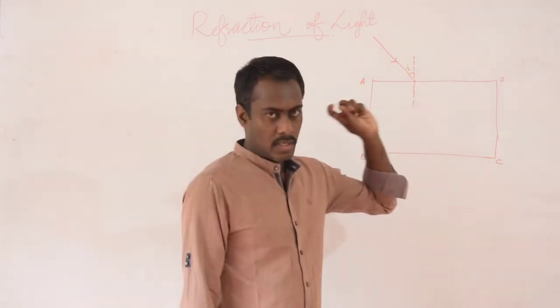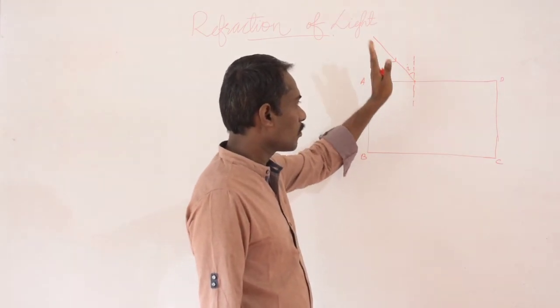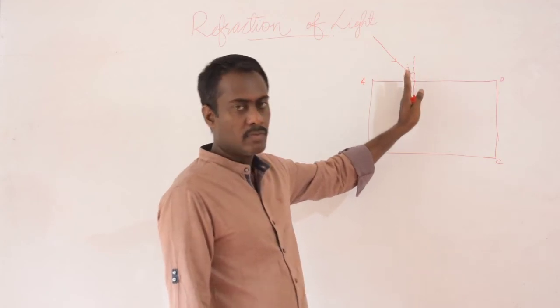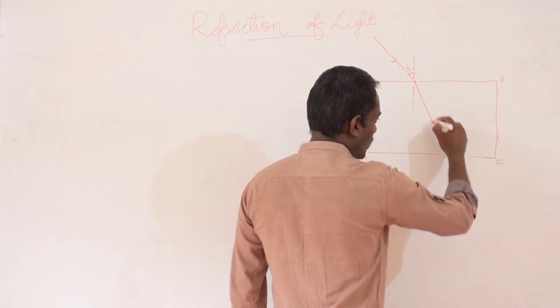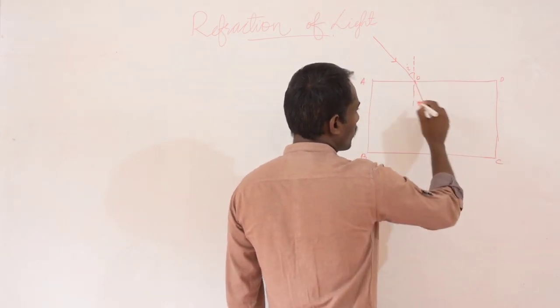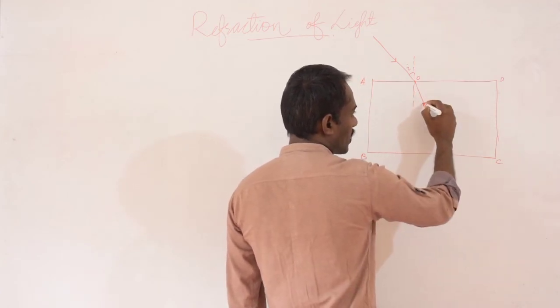As we know, when light obliquely enters from one medium to another, its direction of propagation changes. This is the point O where the light is incident, and this is the refracted ray.